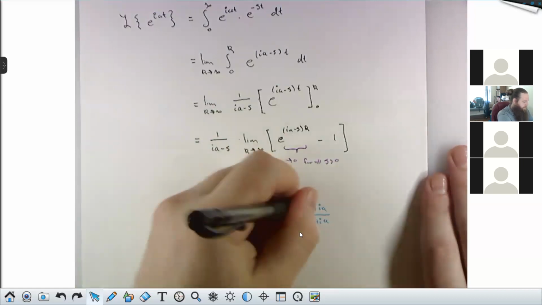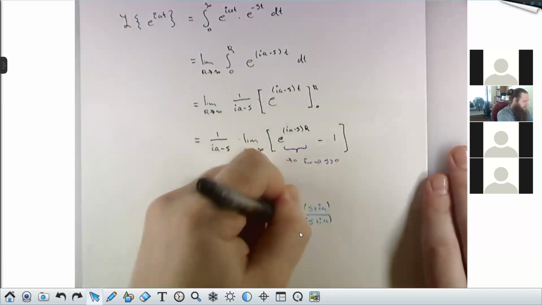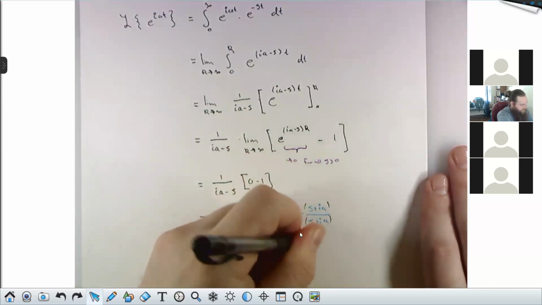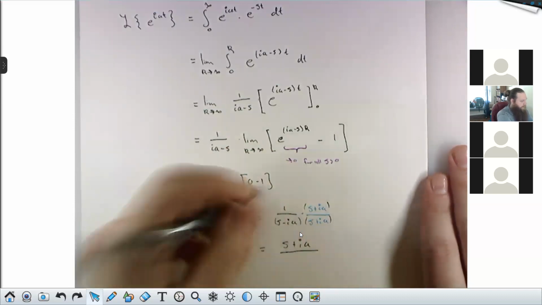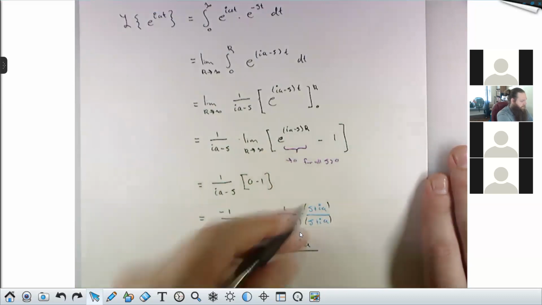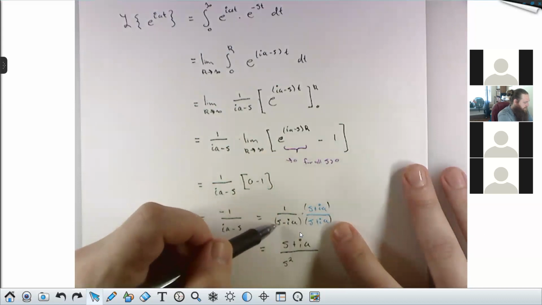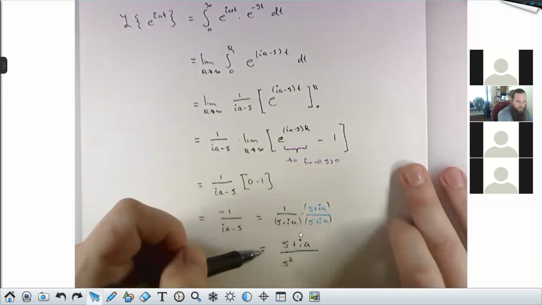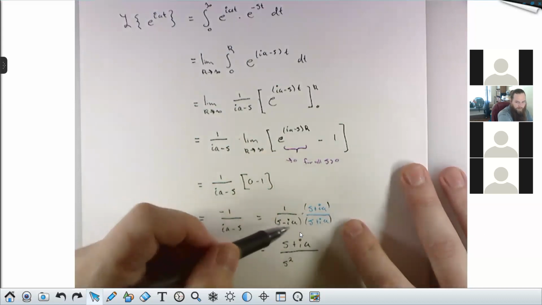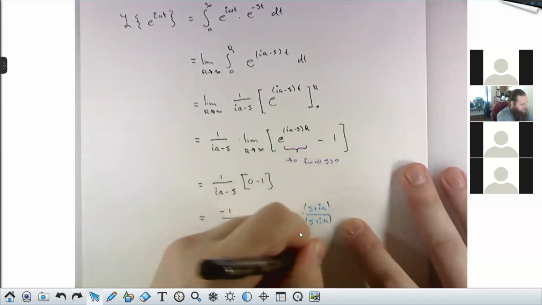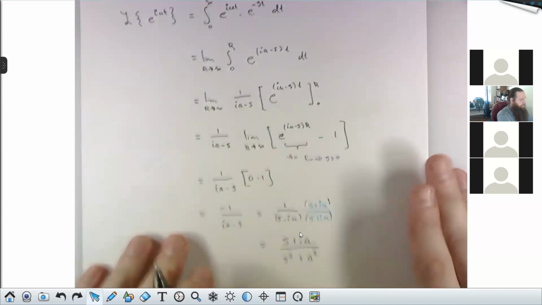So remember how fractions multiply. The top is s plus ia. The bottom here, if you FOIL, you'll get s squared, and then plus ias minus ias, those cancel, and then minus ia times ia is minus i squared a squared, that's plus a squared.